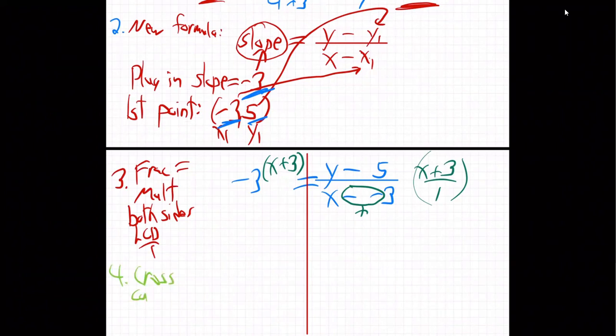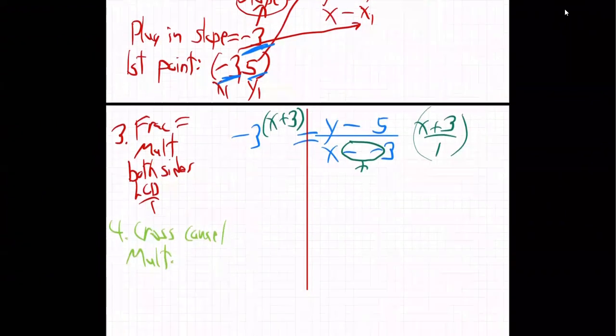And so then, step number 4, cross cancel. Multiply the leftovers. So right here, these guys will cross cancel. That's why we did it. We wanted to get rid of the fraction. So we cross cancel on both sides.